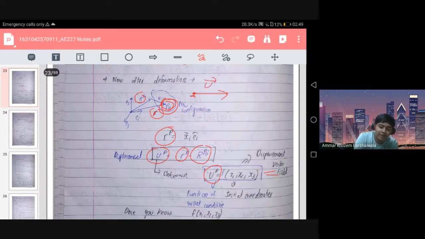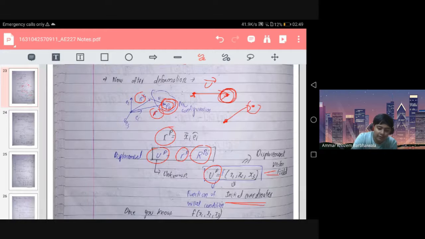If I am standing at a point, I know the displacement vector, I can go from that point, and I will know the final deformed configuration of it. It is a function of the initial coordinates. If I say I'm standing right here, at this point it would be some vector, and if I go along that vector, I would reach the position of that point after deformation.